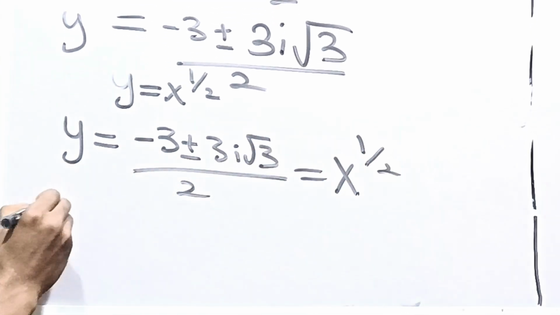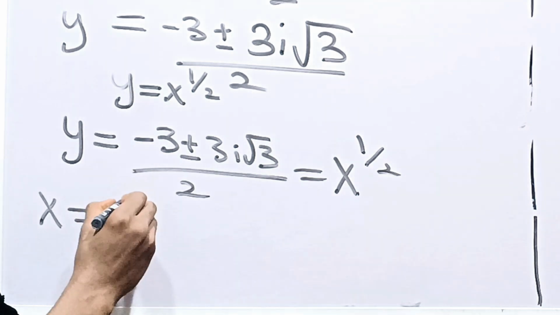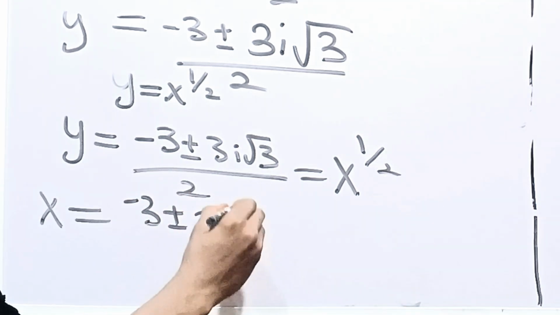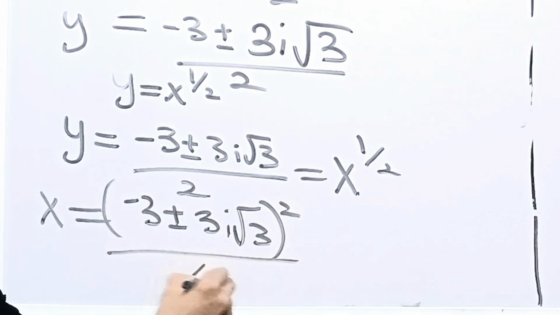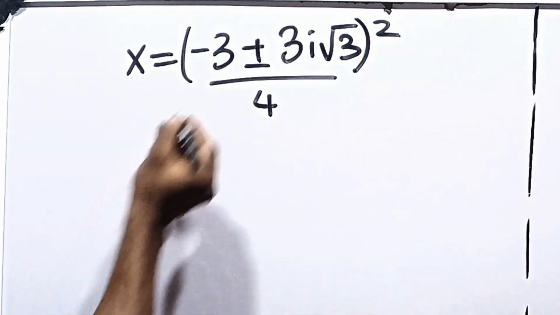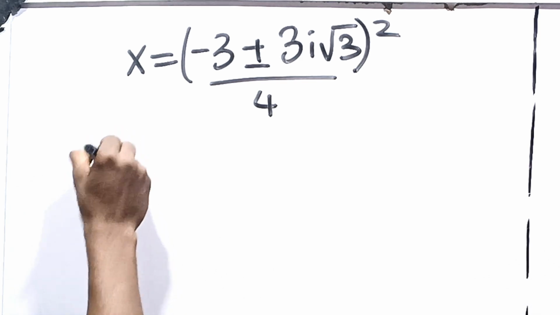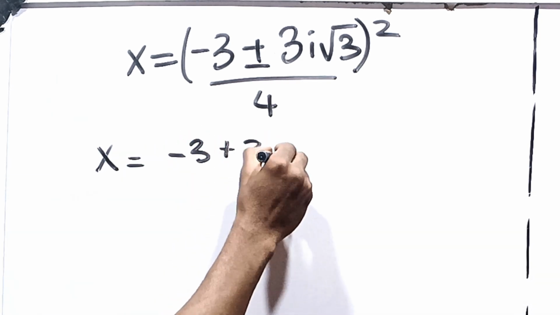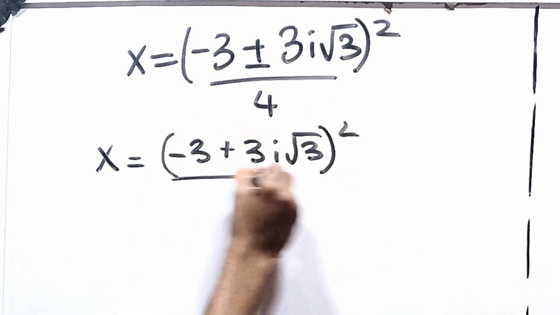Invariably our x now becomes equal to the square of minus 3 plus or minus 3i root 3, all squared, divided by 4. Moving on, when this is minus 3 plus 3i root 3, all squared, x is equal to minus 3 plus 3i root 3 all squared divided by 4.